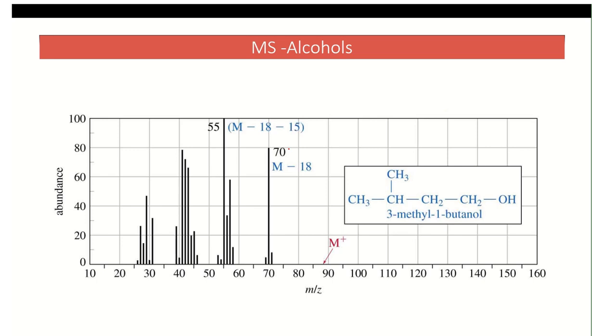For alcohols, you can see in this case, with a primary alcohol, we see very little of the M+ peak, but we see quite a bit of the M minus 18 peak. If you see the M minus 18 peak, you know immediately that you have an alcohol, because that means you lost water.